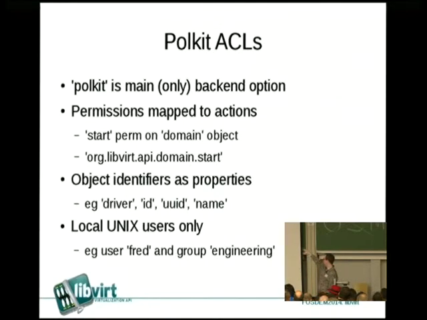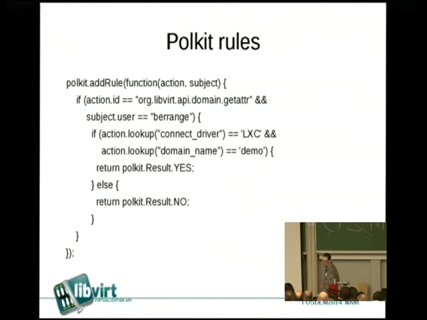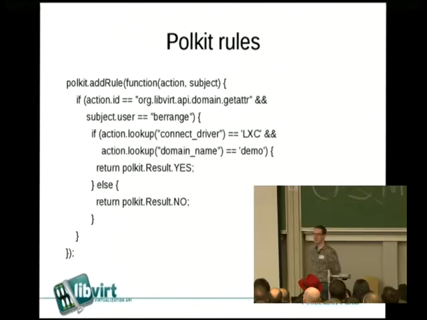But once you have all that information, the permission, the object, and the user, then you can go about defining some rules for managing it. PolicyKit has a JavaScript backend, so your actual access control rules are written in JavaScript, and there's a number of objects provided to you. There's an action object, which tells you basically what API is being invoked.